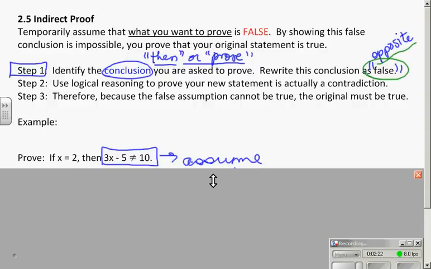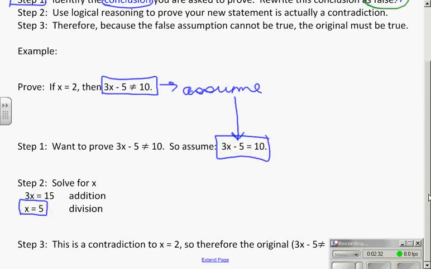So if we start with, if x equals 2, then 3x minus 5 is not 10. The blue box, so the then part becomes our assume. We are going to assume that 3x minus 5 is equal to 10. Okay, so we picked the opposite situation. Now we're going to do our regular proof steps.